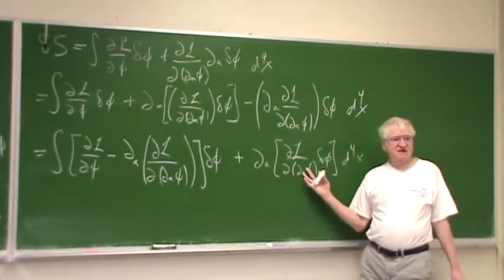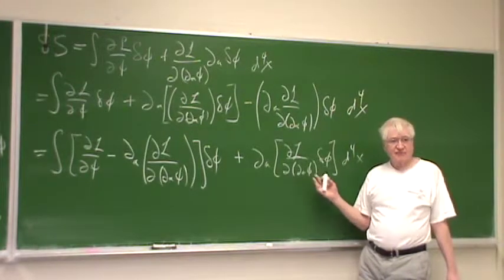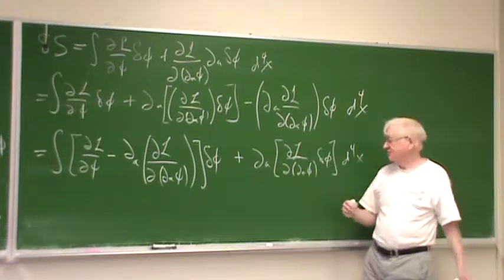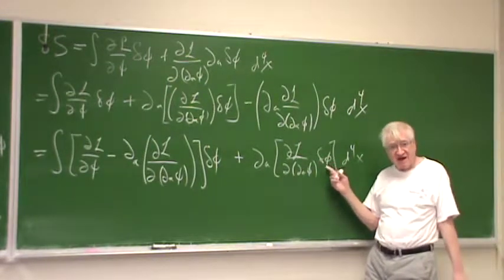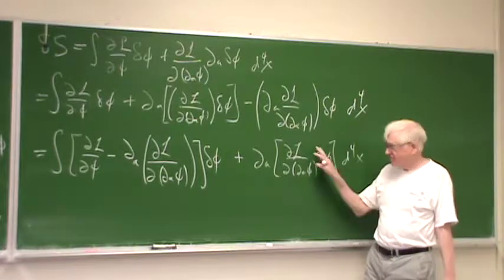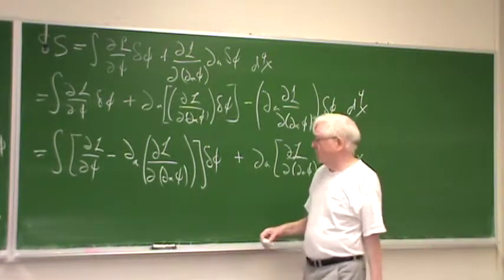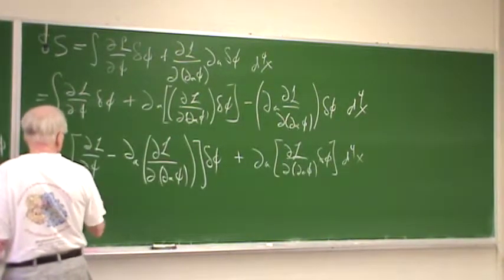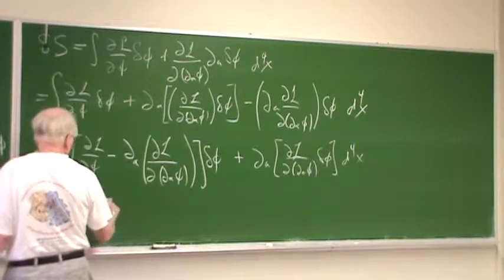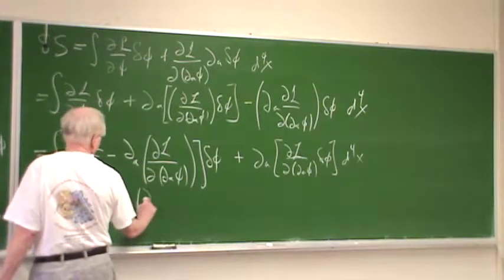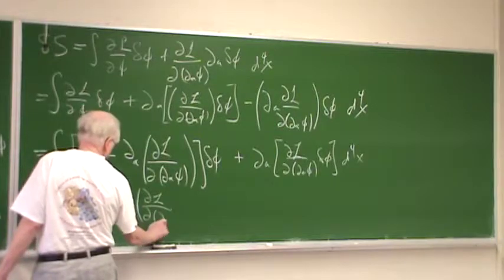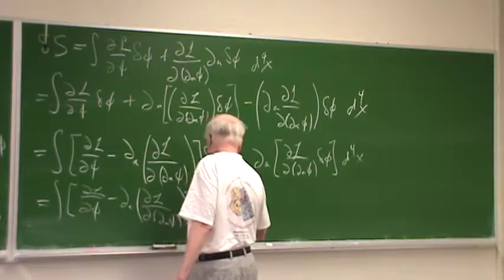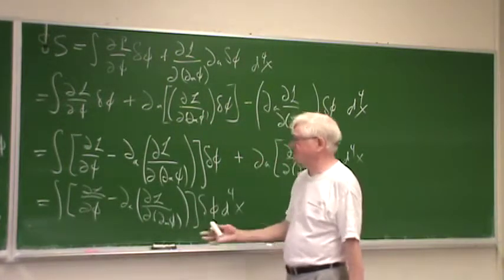Okay, well we can obviously integrate this and we get a surface term, but when we do that surface integral, it goes out to space and time at infinity, and we chose to have δφ vanish there, so this thing goes away. And so altogether, this is equal to an integral of simply ∂L/∂φ minus ∂_a ∂L/∂(∂_a φ), times δφ d⁴x. So this is the first order change.